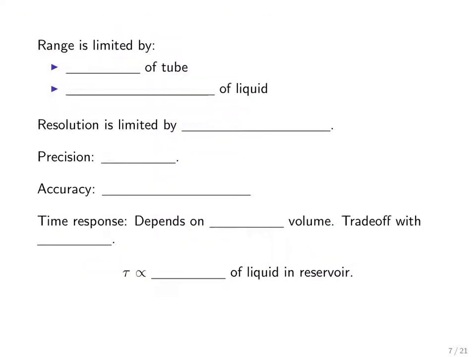Now the range of these thermometers is limited fundamentally by the length of the tube and also by the boiling or freezing point of the liquid. The resolution is limited by the reader's visual acuity and also the spacing of the gradations.